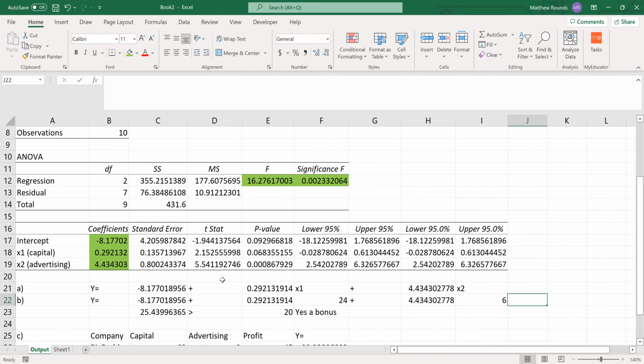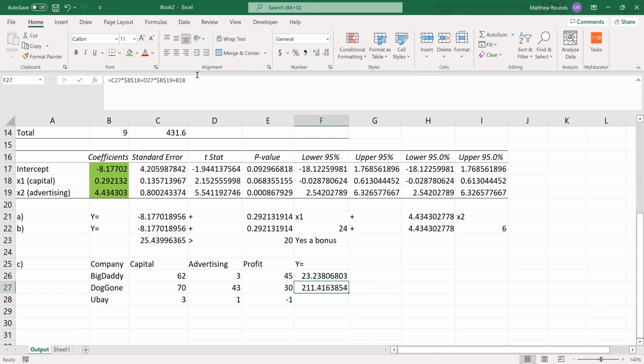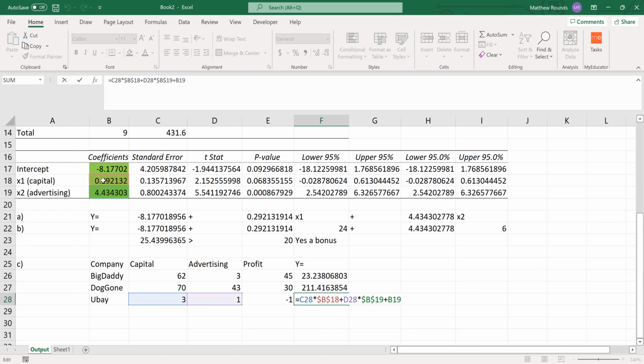So when we look at this one, it's using cells B18 and B19 and these two. And that's why you hold it. And then when you drag it down again, you get the same thing. It's using B18 and B19 again. You don't have to manually type them in. You can do this by hand though. This is just an Excel thing to know about, just to save us time.